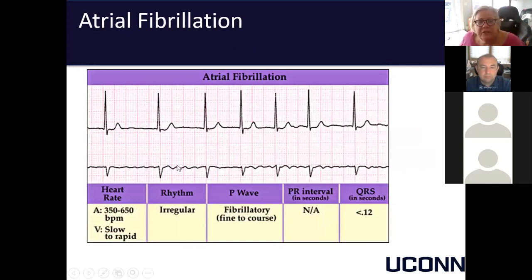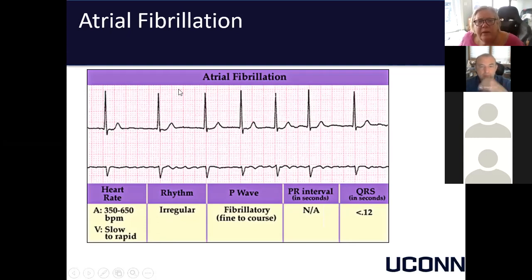Atrial fibrillation, again, we're looking at this. We're going to determine its rate. We're going to look at its P waves, and we say, uh-oh, we don't have any discernible P waves. Check a different lead. Again, no discernible P waves.